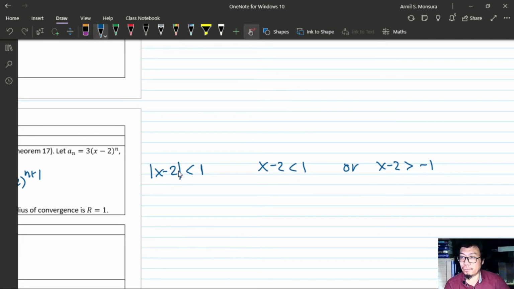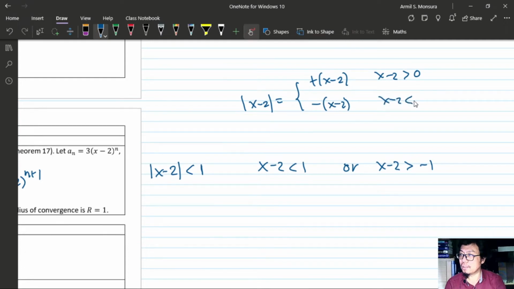Remember that the absolute value of x minus 2 equals positive x minus 2 if x minus 2 is positive, and it is negative x minus 2 if x minus 2 is negative. Nevertheless, this inequality translates to this: either less than 1, or greater than negative 1.